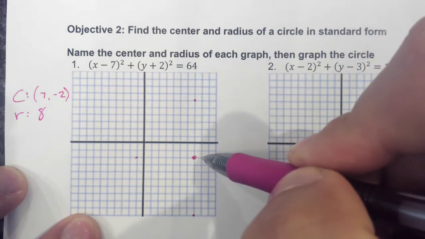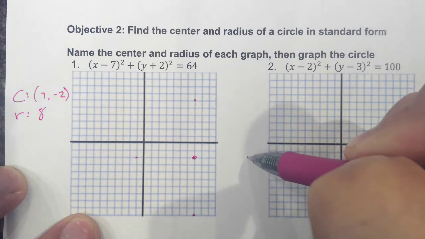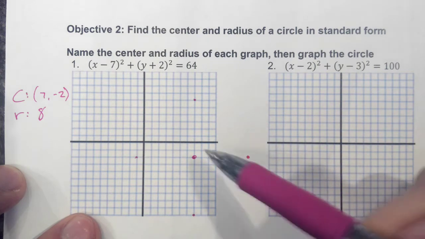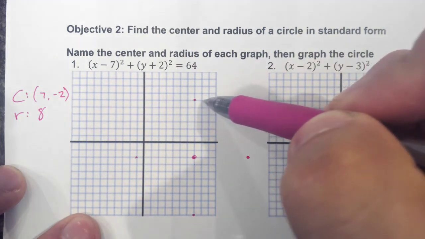And then I would go right 8, somewhere about there. And if I were at school where I have my compasses, I would use my compass to draw my circle. But I don't have them here, so just do your best to draw a circle through those points.